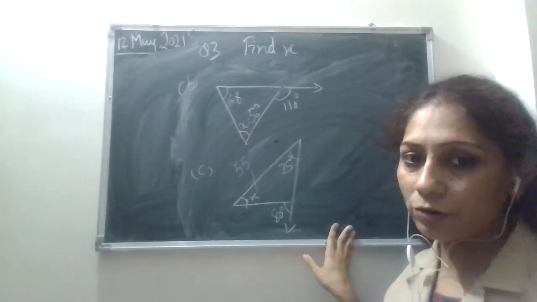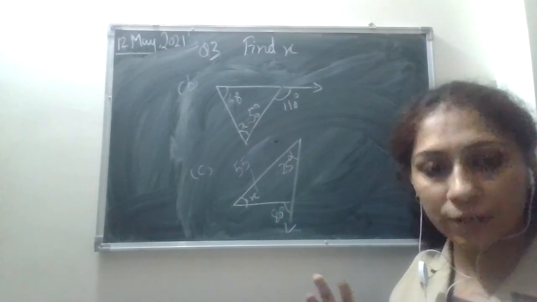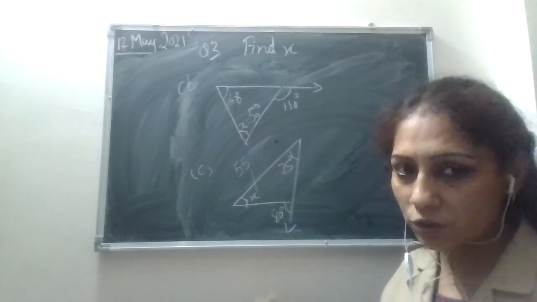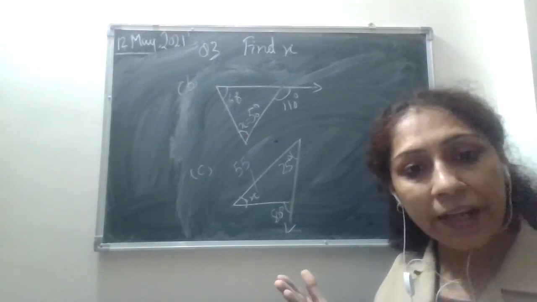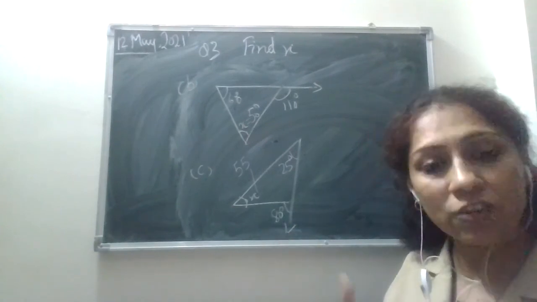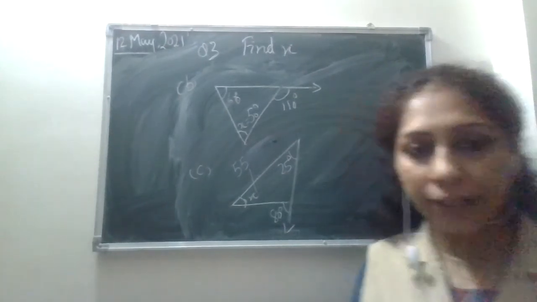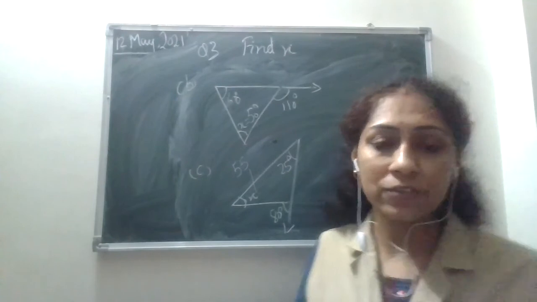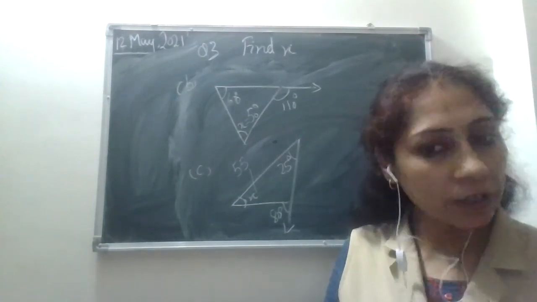You must know what is interior, what is exterior, these small, basic terms. You must be well versed with all these terms. Interior angle, exterior angle, parallel lines, intersecting lines, corresponding angles, interior angles, exterior angles, alternate interior angles, alternate exterior angles, co-interior angles, co-exterior angles. All these terms you should be thorough with.